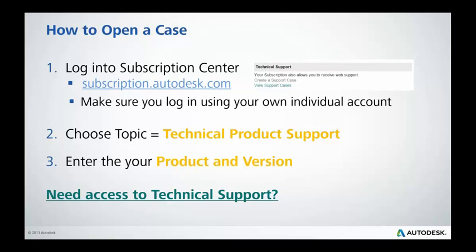This information really helps us to determine if it's product specific, if it's an issue related to a certain operating system, or if your operating system might not be supported.